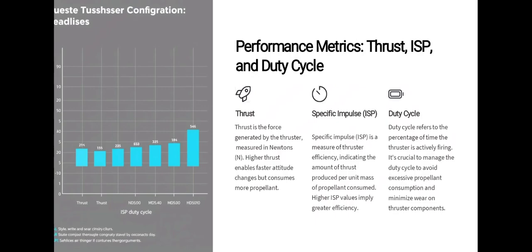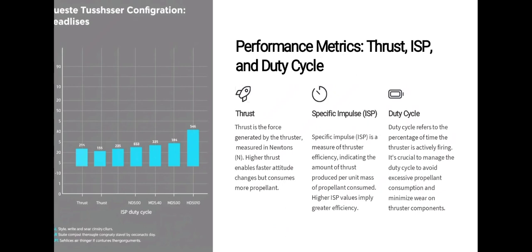Performance metrics: thrust, Isp, and duty cycle. Thrust. Thrust is the force generated by the thrusters, measured in newtons. Higher thrust enables faster attitude changes but consumes more propellant.